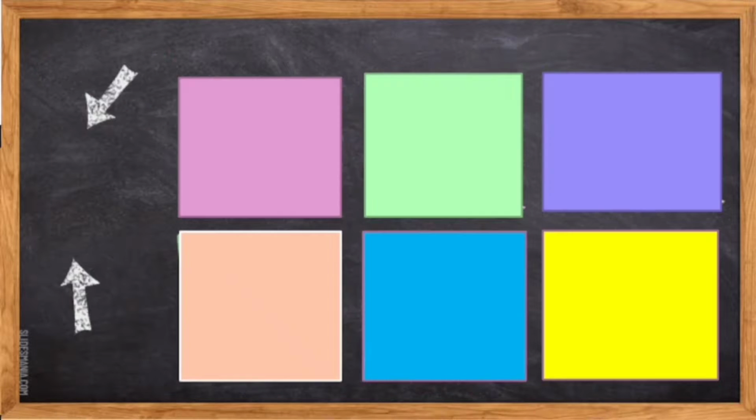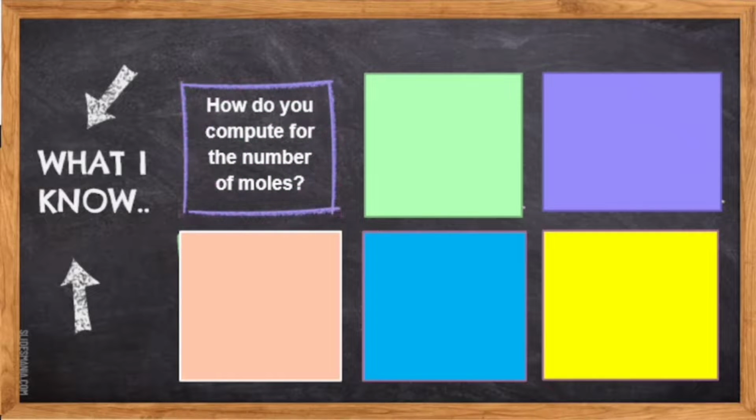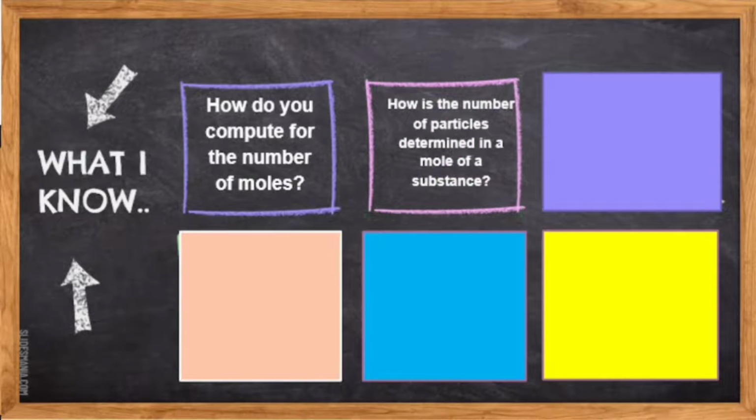Very good. Now let's check what you know. Answer the given questions. How do you compute for the number of moles? How is the number of particles determined in a mole of a substance?